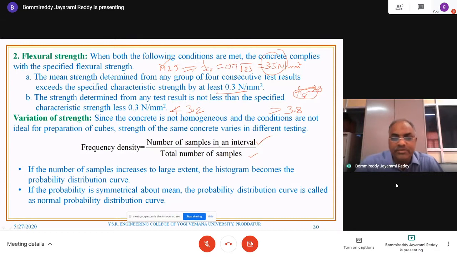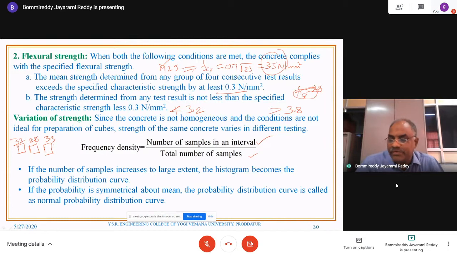Since concrete is not homogeneous and the conditions are not ideal for preparation of concrete and also preparation of cubes, strength of the concrete varies in different testing. That means if you cast 3 different cubes for the same concrete, one gives a strength of 32, another gives a strength of 28, one more may give a strength of 33.